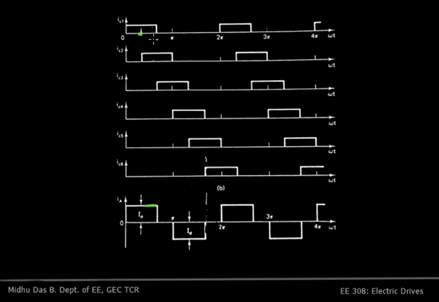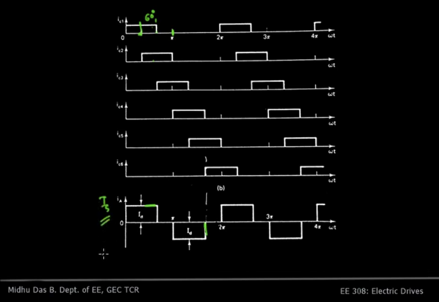Similarly, if you analyze for every 60-degree interval, this pulse duration is 120 degrees, this is 180 degrees, and if you again split it into 60-degree durations as you have done for the voltage source inverter drive, you will get a waveform for one of the phase currents, that is IA. Similarly, you can get the waveforms for IB and IC. So this IA waveform is the per-phase stator current waveform.